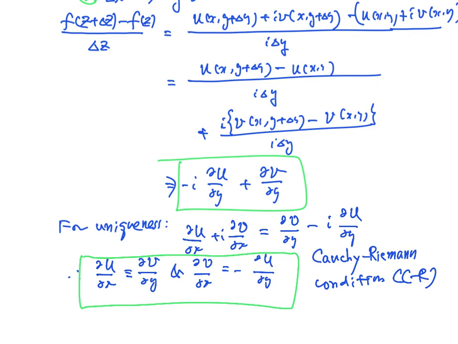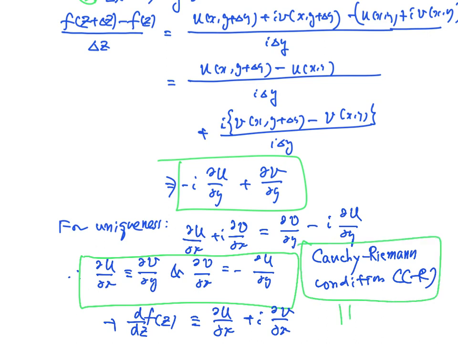Then the derivative is defined as partial x partial u plus i partial x partial v. If the Cauchy-Riemann condition is satisfied, then we can define this derivative.